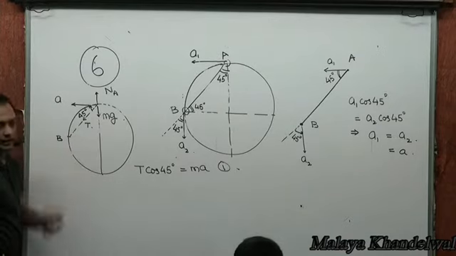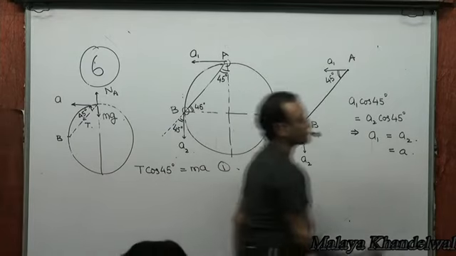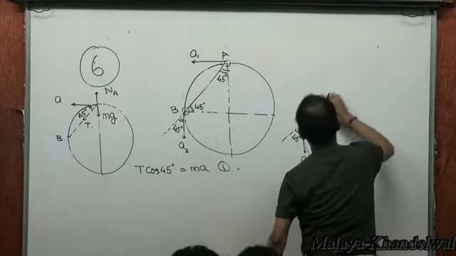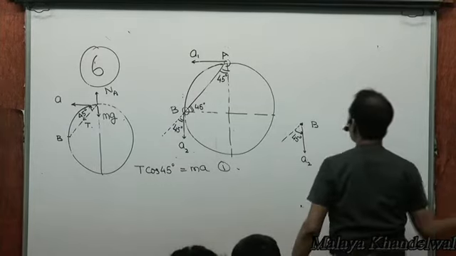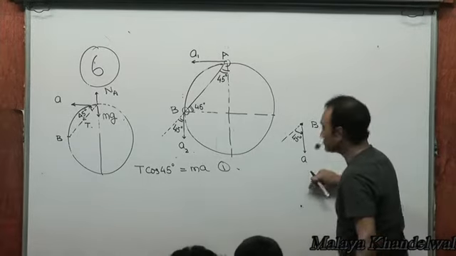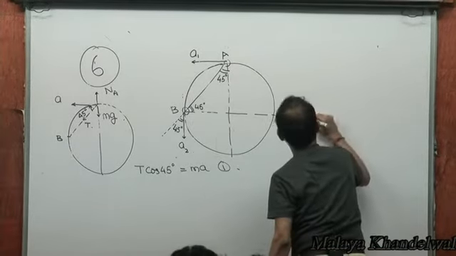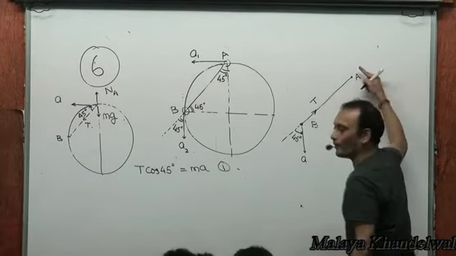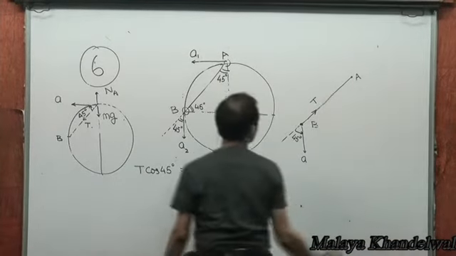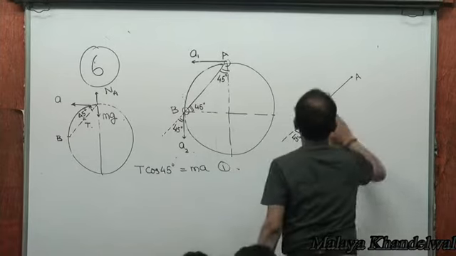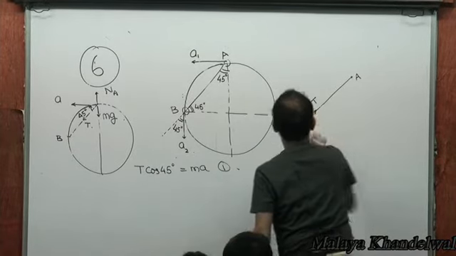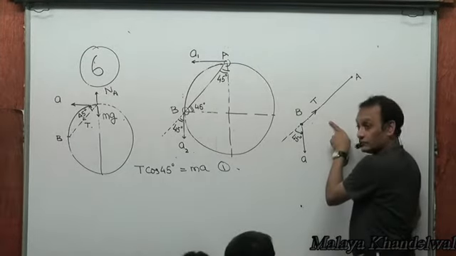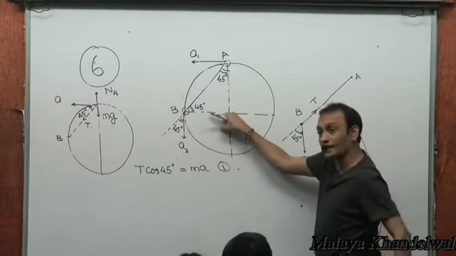Let me look at bead B. Again, bead B has a vertical acceleration A. There is going to be tension T acting on bead B like this from B to A, pulling in character. Now, do you also understand that this T has a horizontal component acting on B, but B has no horizontal acceleration?